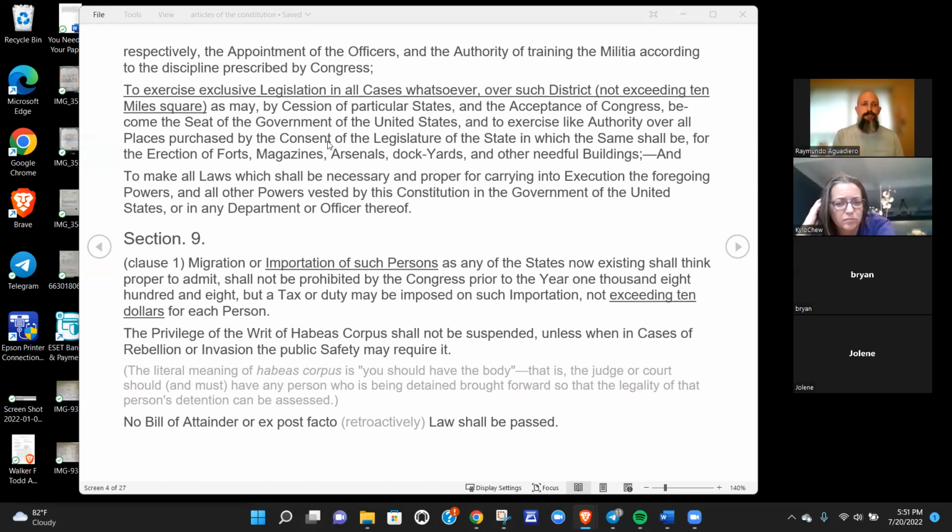Okay. This clause gives the government 10 square miles, Washington, D.C., to be the seat of the government, to operate, and gives them the authority over any places that are purchased with the consent of state legislatures for forts, magazines, and basically defense of the union.